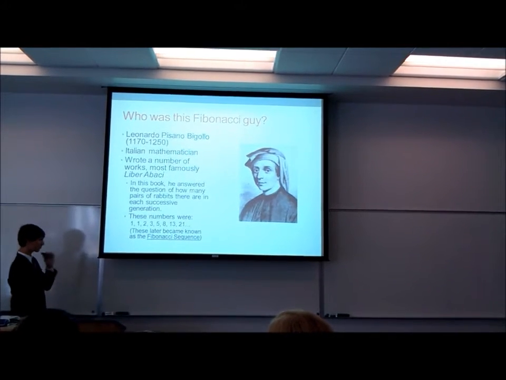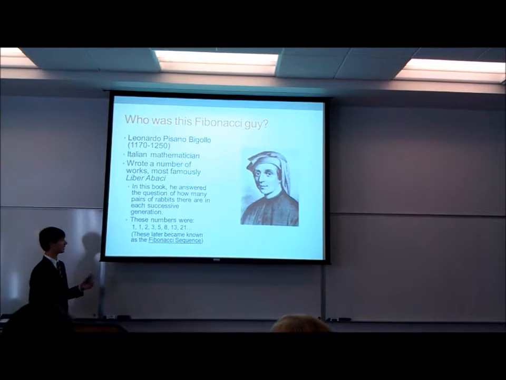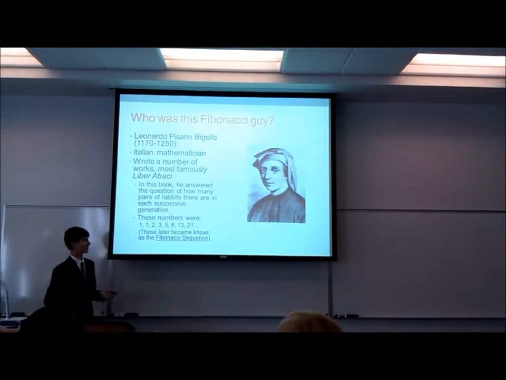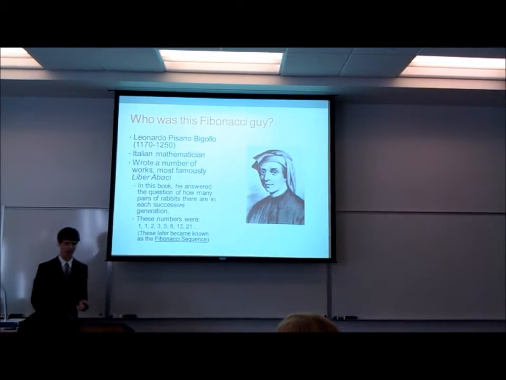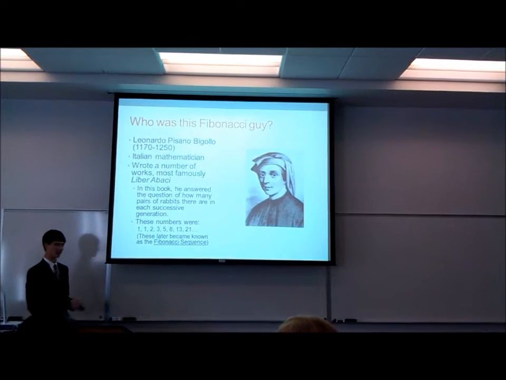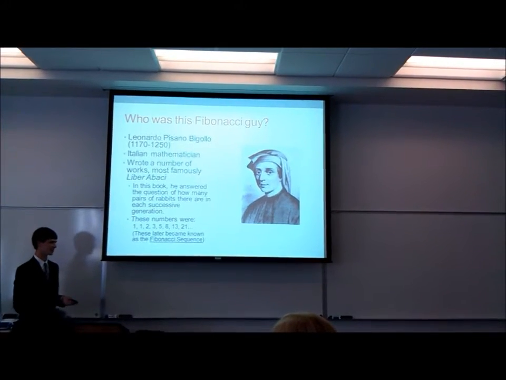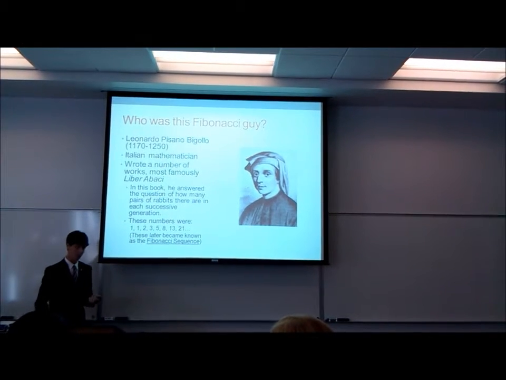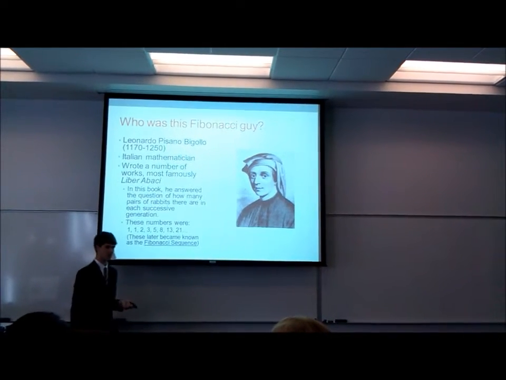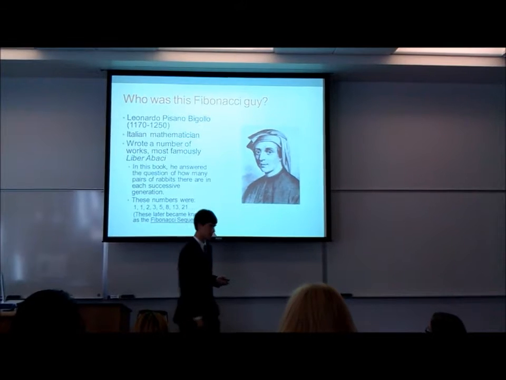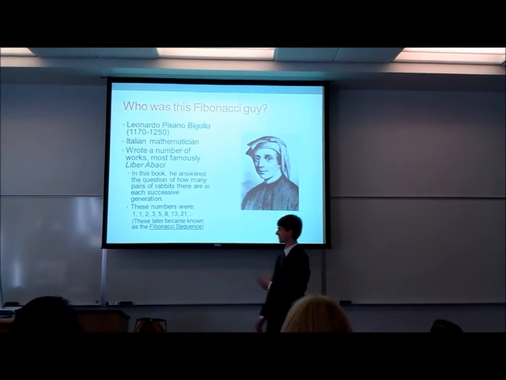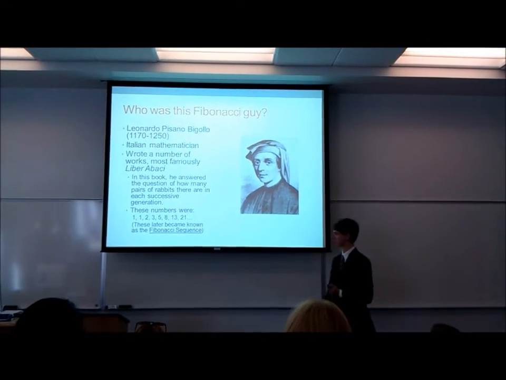He answers the question of how many pairs of rabbits there are in each successive generation of rabbits. And these numbers were 1, 1, 2, 3, 5, 8, 13, 21, and so on. These are the numbers we know today as the Fibonacci sequence, and it also gives us where the rabbit on the first page came from.